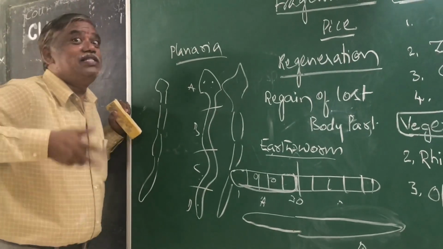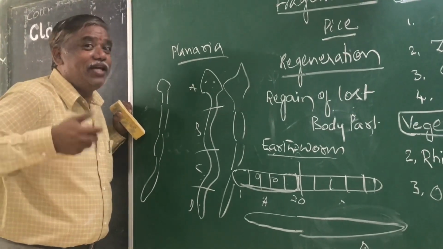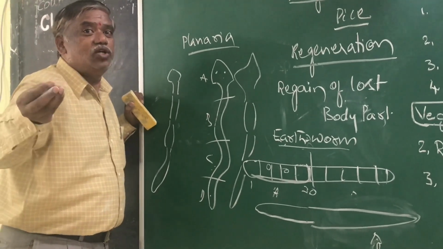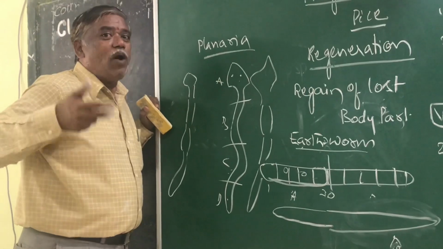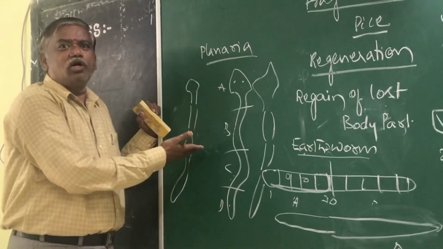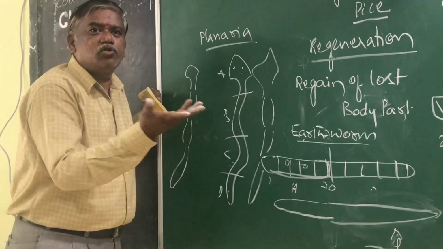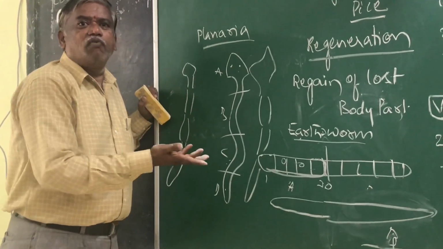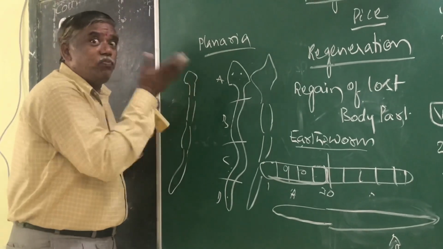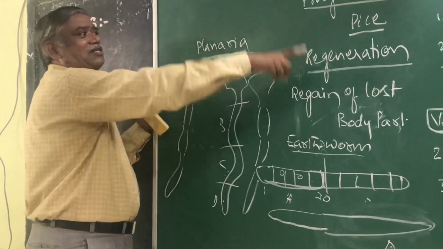That means the number increases. The biological process in which the population number increases is only reproduction. So this is also reproduction. But in this reproduction, there are no gametes and no fertilization. Hence, it is called asexual, asexual through pieces. Hence, it is called fragmentation.